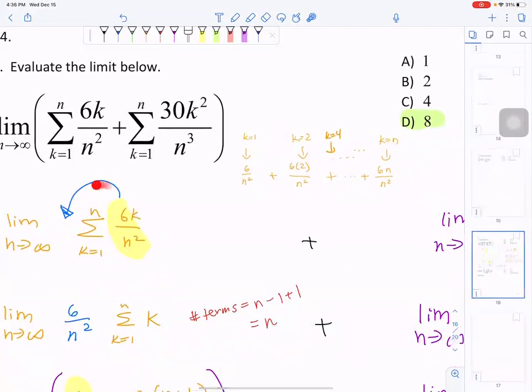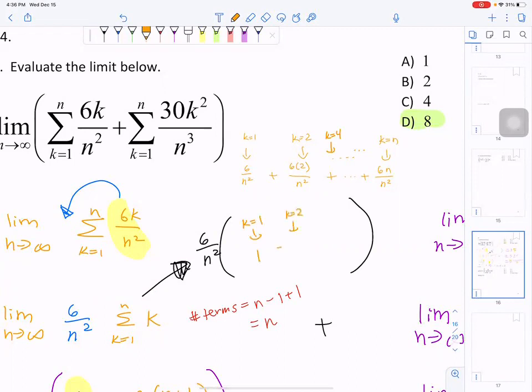Because if we took out this scalar, so 6 over n squared times the summation of k, what would this be saying? This would be saying you're doing 6 over n squared times this orange summation. This orange summation is telling you when k equals 1, it's 1.